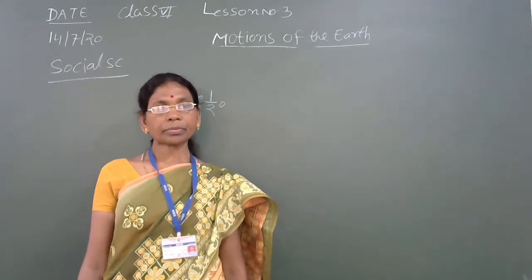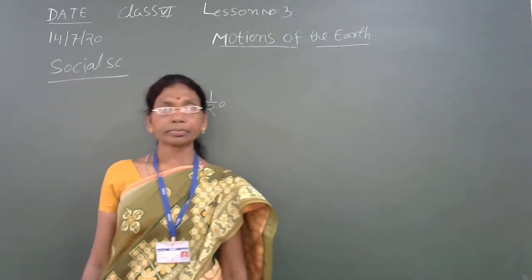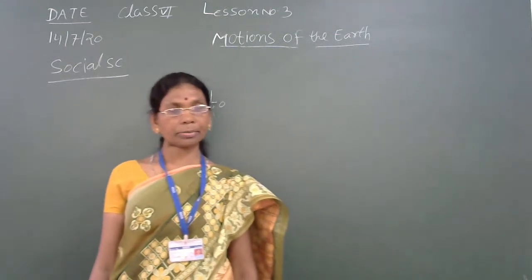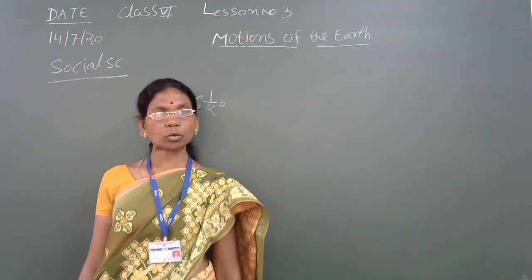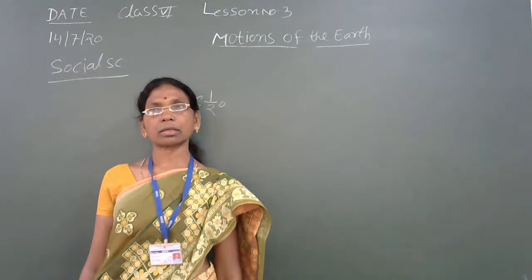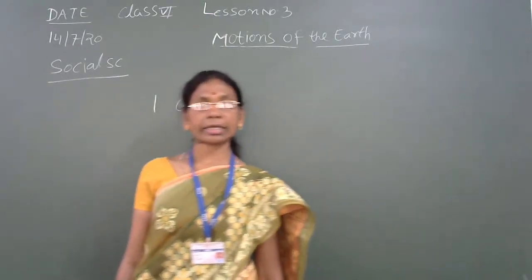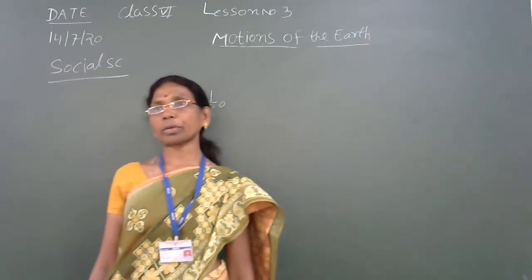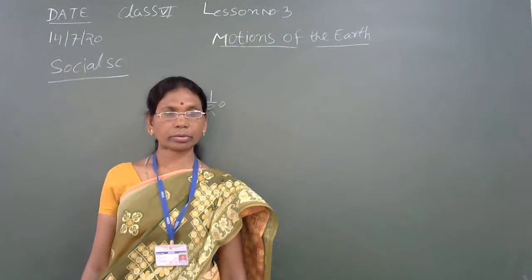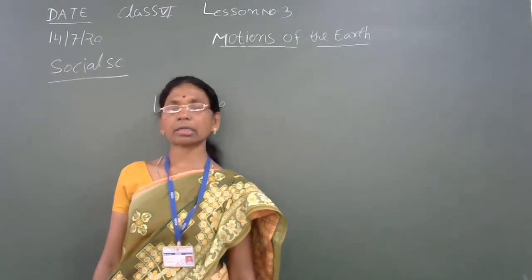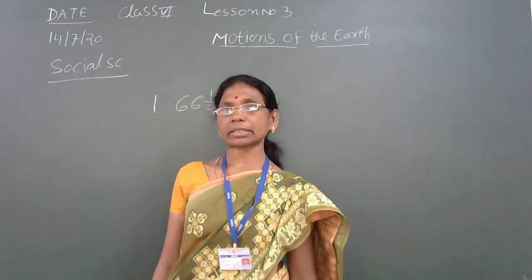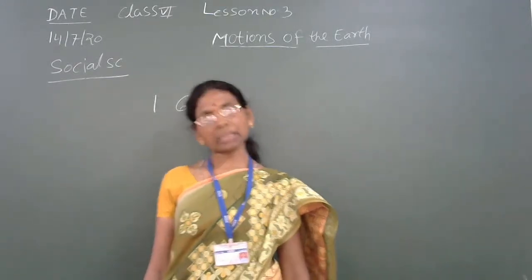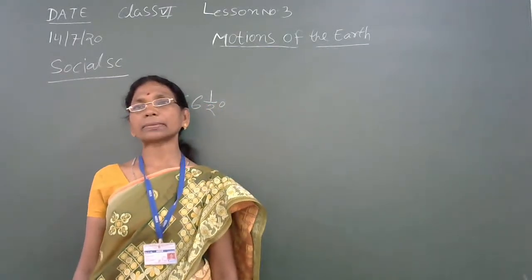You will see that on 21st June, the northern hemisphere is tilted towards the sun. So the sun rays directly fall on the Tropic of Cancer. Now these areas receive the maximum amount of heat.